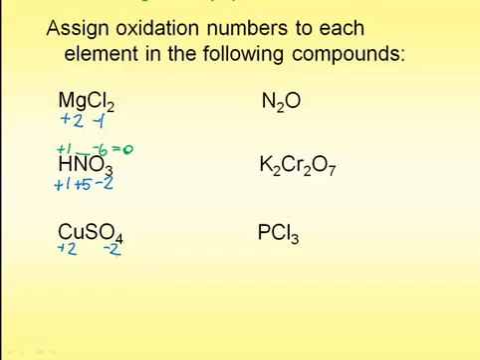And then again, we'll have to add up the numbers to see what the oxidation number of sulfur is. 1 copper at +2, something from sulfur, and 4 oxygens at -2 each, which is -8, has to equal 0. That means the oxidation number of sulfur has to be +6.